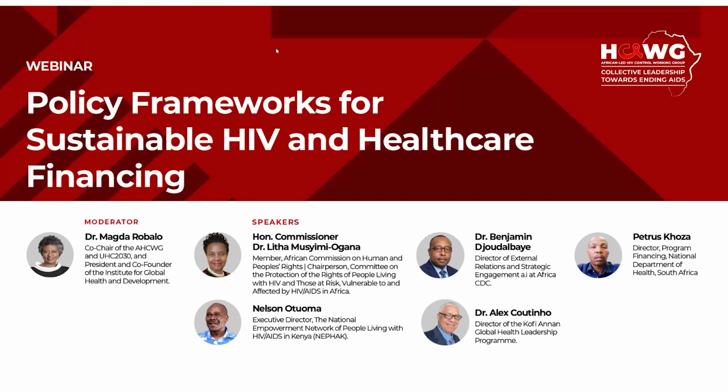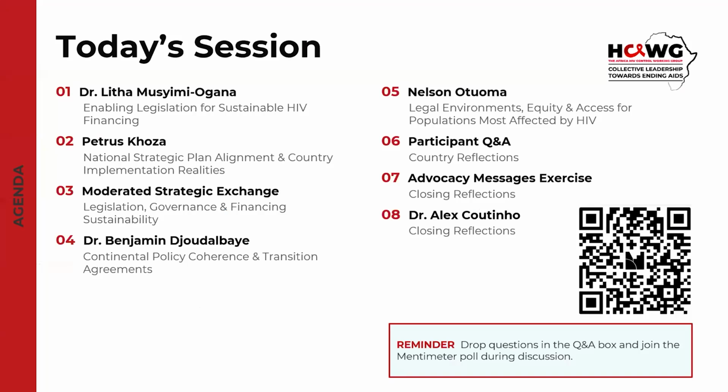So today's discussion will move across four interconnected dimensions. The first dimension is enabling legislation for sustainable financing. The second one is alignment between national strategic plans and broader health and development frameworks.